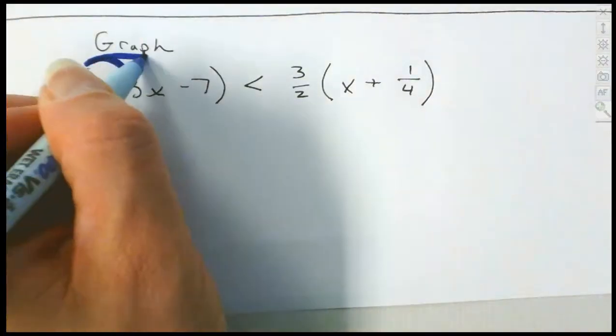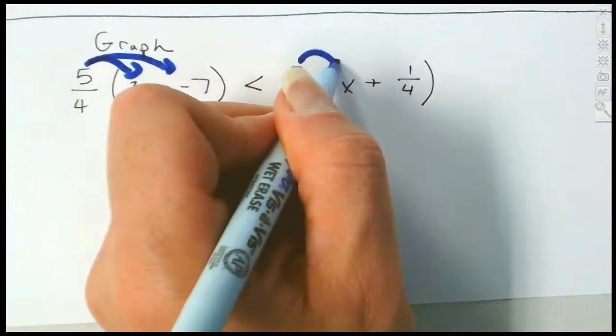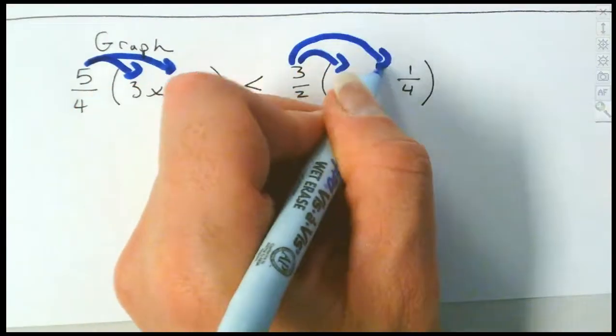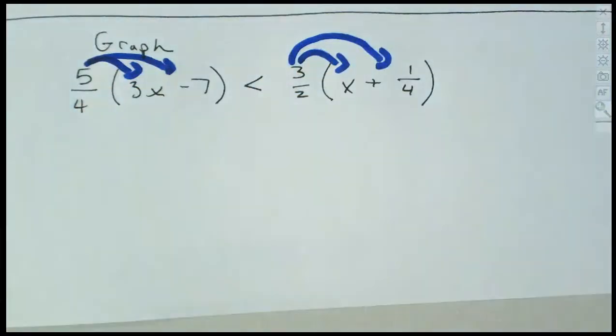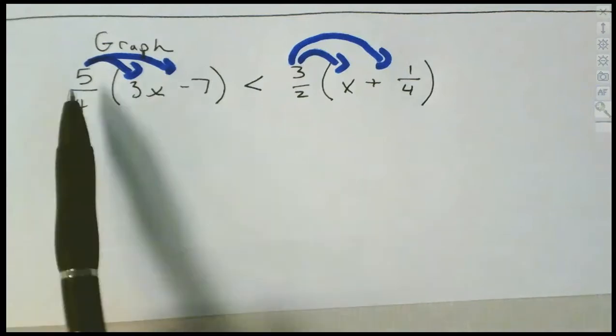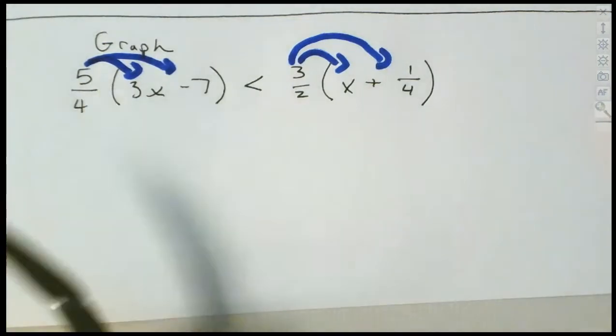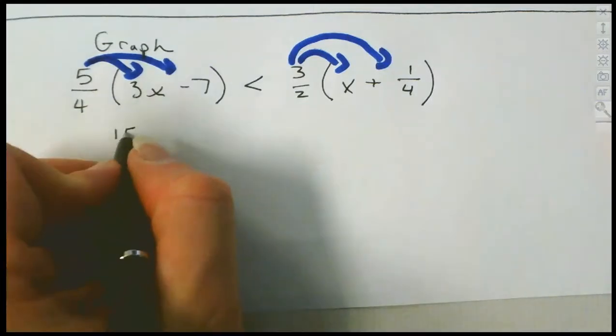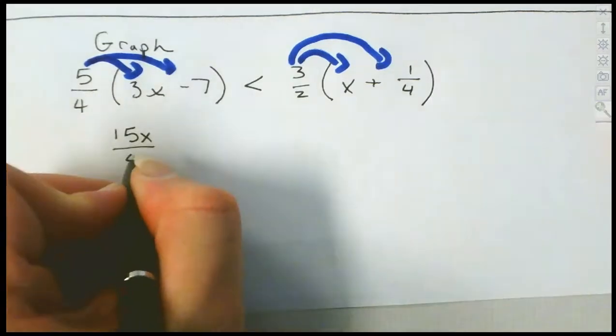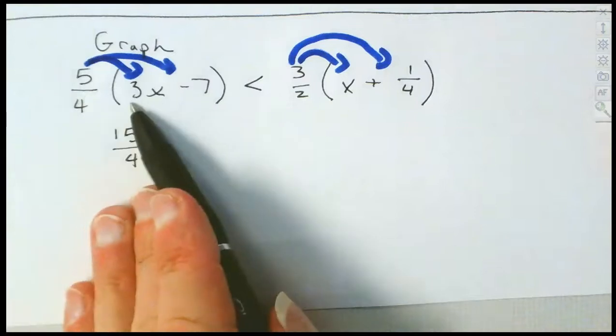So let's go ahead and distribute this through first on both of these. Now, how do we distribute through? Well, when we distribute through, remember we multiply. So 5 times 3, that makes it a 15x over 4. We just put it over 4, because this is over 1 here, right?